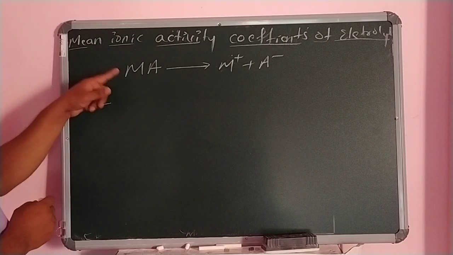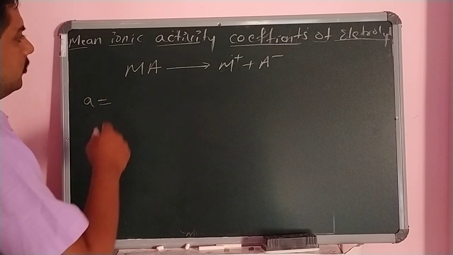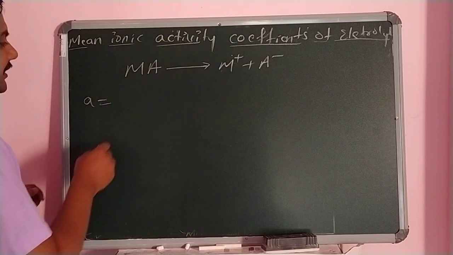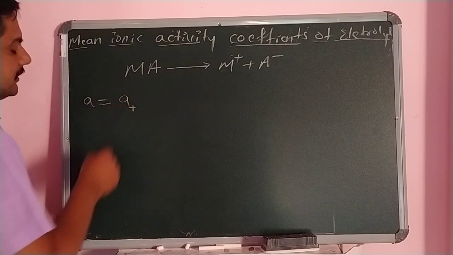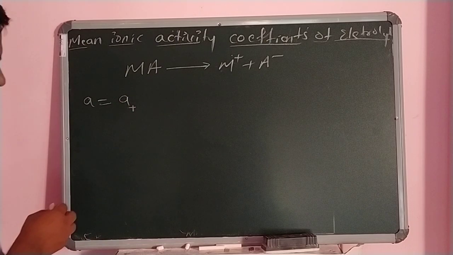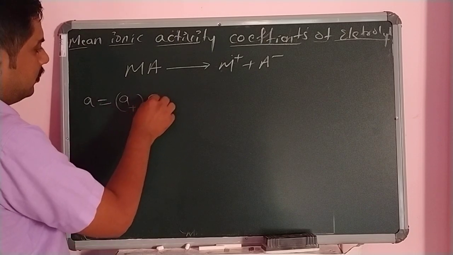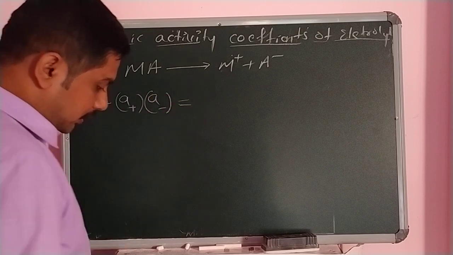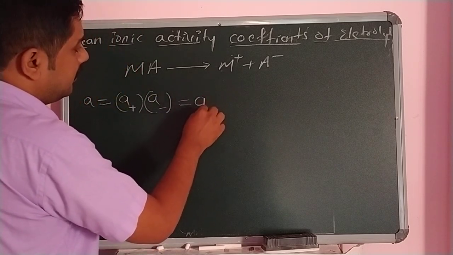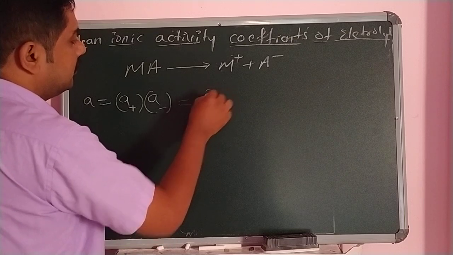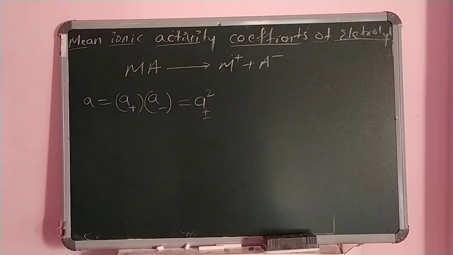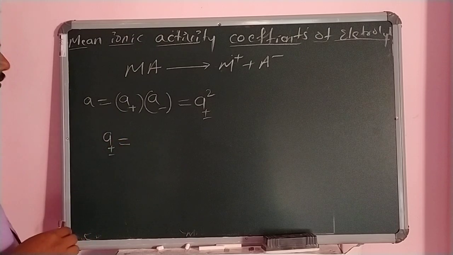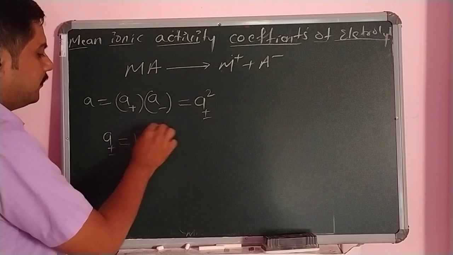Of this electrolyte, now you can consider the activity of the species A plus and A minus. So a is equal to a plus or minus squared. That's why a plus or minus is equal to the square root of a.